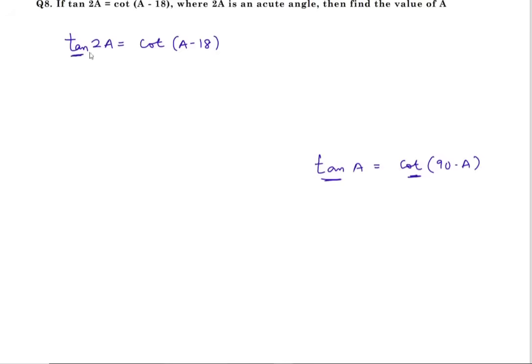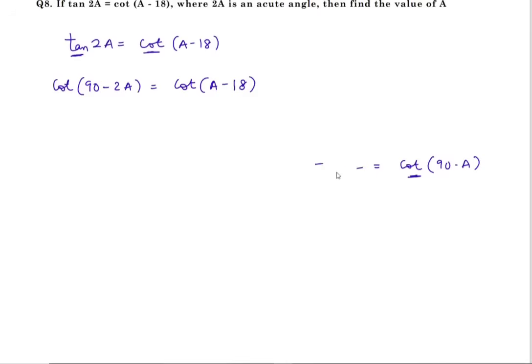Now I should have the same ratio on LHS and RHS. So I'll convert this tan ratio in terms of cot. Tan 2A can be written as cot of (90 minus 2A) equals cot (A minus 18).